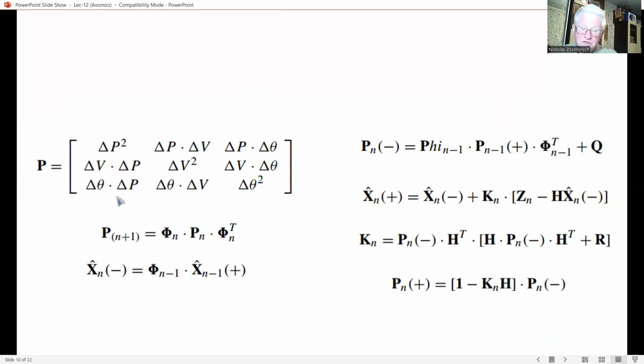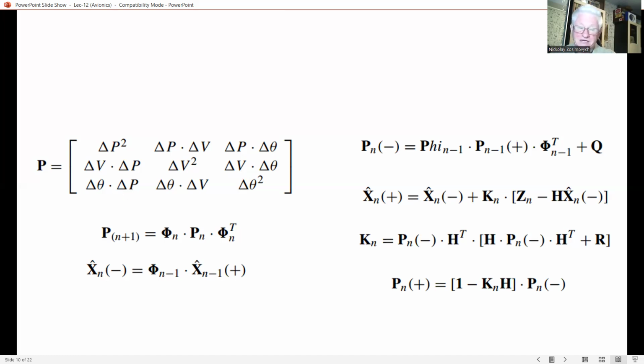It should be noted that the covariance matrix is symmetrical about a diagonal, with the diagonal elements comprising the mean square position, velocity, and tilt error respectively. The off-diagonal terms are cross correlations between these same three quantities.